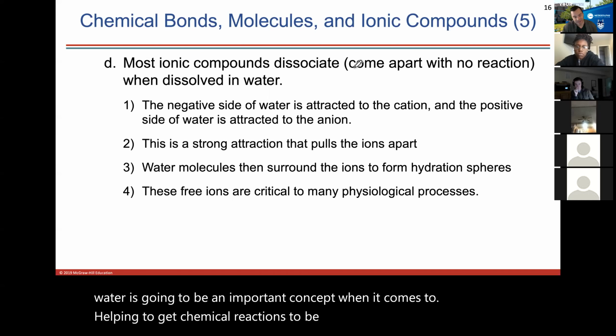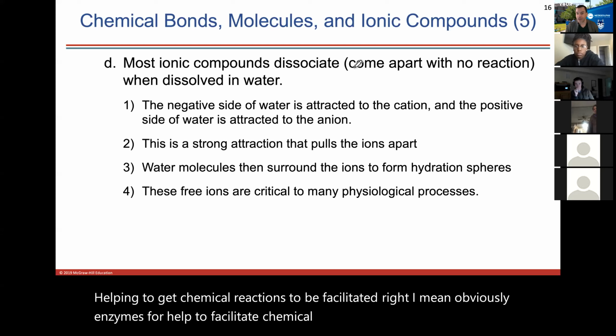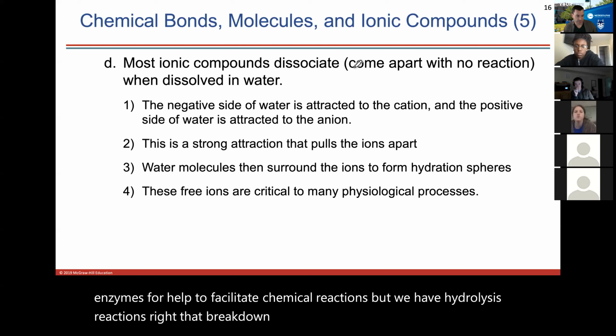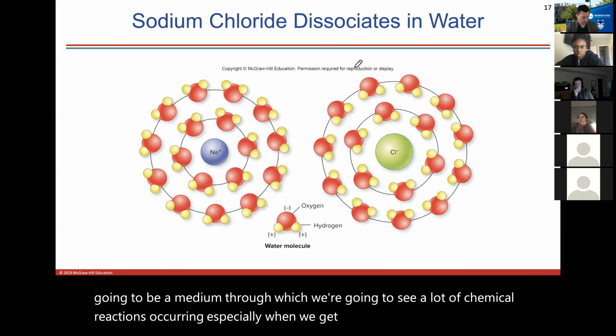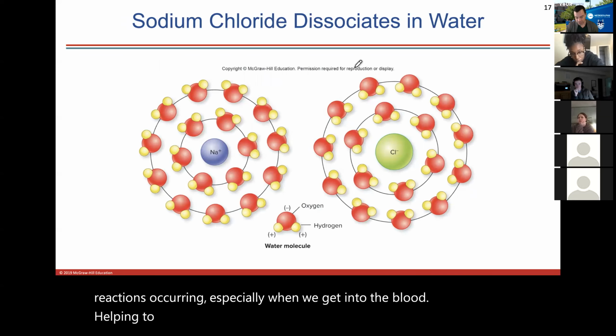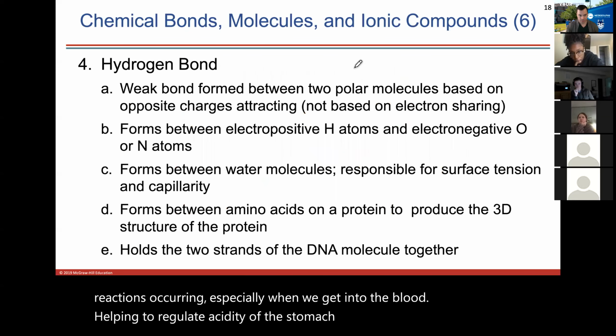I mean, obviously, enzymes help to facilitate chemical reactions, but we have hydrolysis reactions, right? That break down big things into smaller things. So water is going to be a medium through which we're going to see a lot of chemical reactions occurring, especially when we get into the blood, helping to regulate acidity of the stomach, all sorts of fun, fantastic things that we're going to talk about.